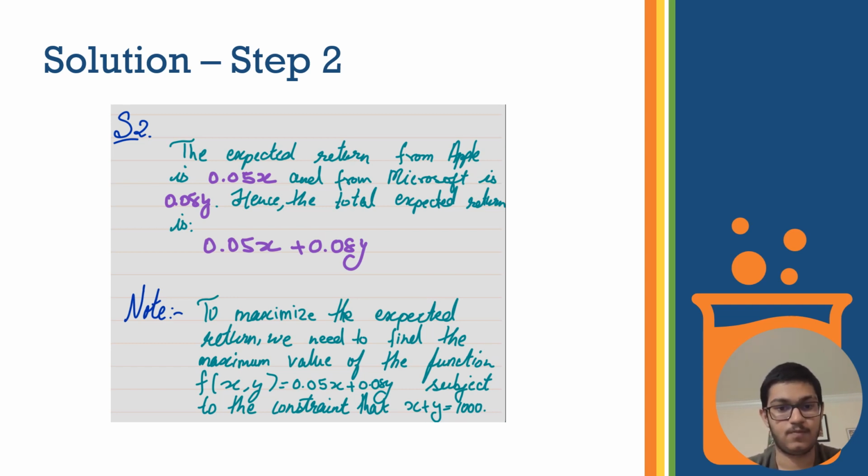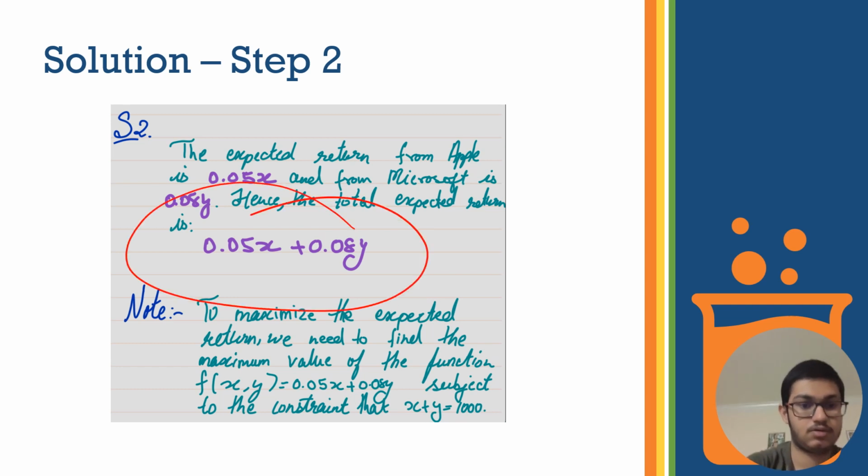So the total expected return becomes the following function: 0.05x plus 0.08y. Now note one thing: to maximize the expected return, we need to find the maximum value of the function 0.05x plus 0.08y, subject to the constraint that x plus y equals 1000.